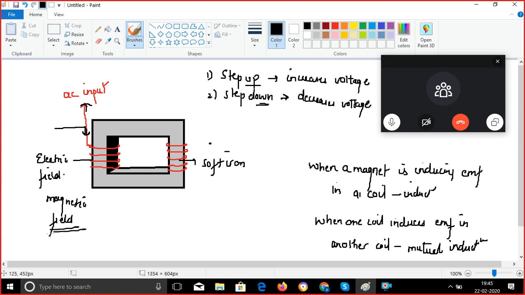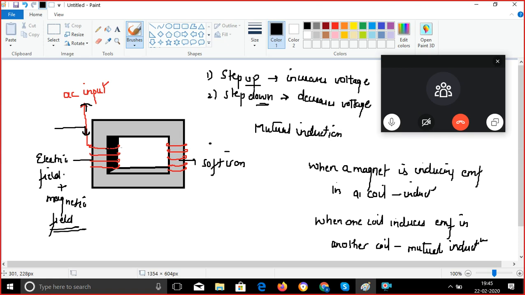Now this part has electric field plus magnetic field. And it basically works on the principle of mutual induction. That means one coil can induce voltage in another coil. So this coil has a magnetic field or EMF, we can say.